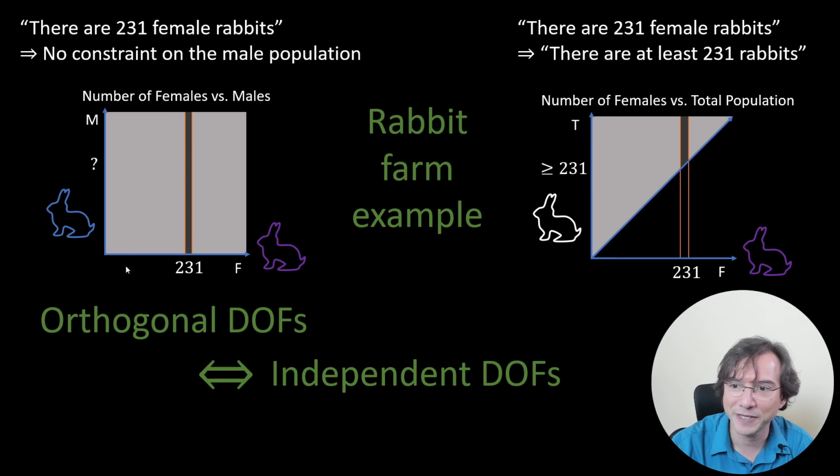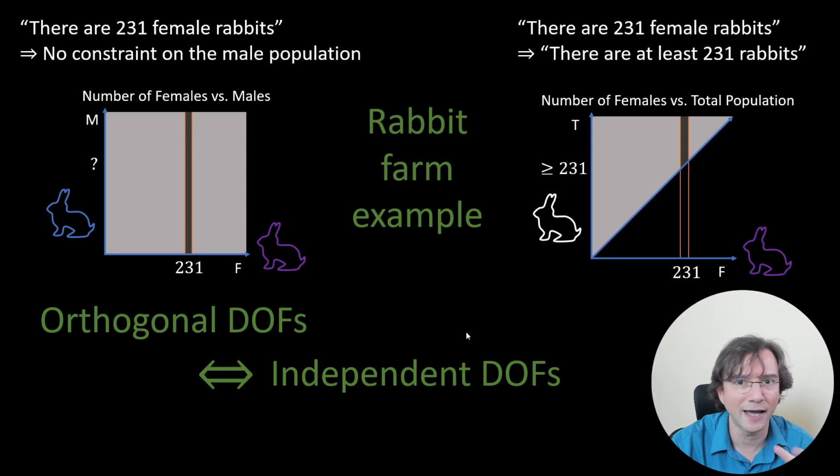You see that if you take any range here and any range here, the total number is going to be the product. So the volume is the total. But inside here, instead, if we take a range of females and a range of total rabbits, we don't get the product, we get less. And so these are not independent.